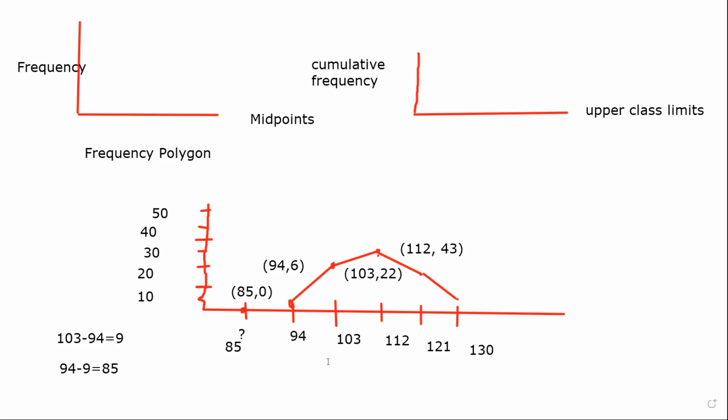Okay. Now, obviously on the other side, remember I told you I was leaving 2 blank spaces, right? So we have 85, 94, 103, 112, 121, 130, and I need another 1, 2, 3, 4, 5. So I need one more hash mark here.